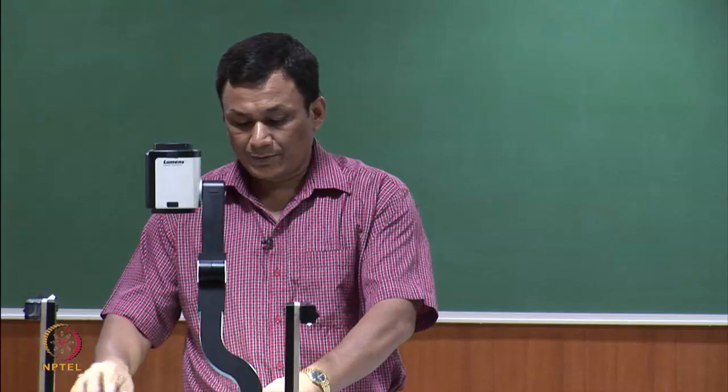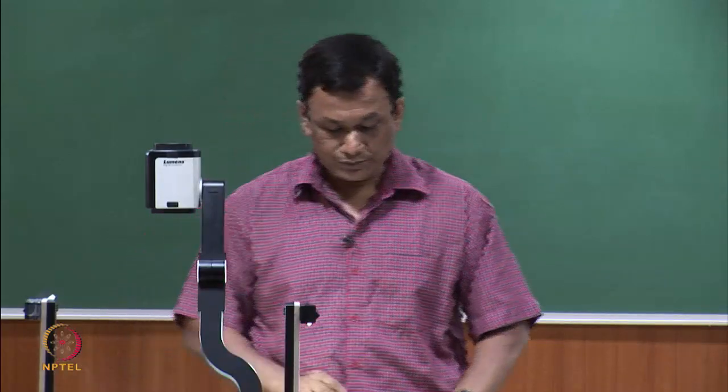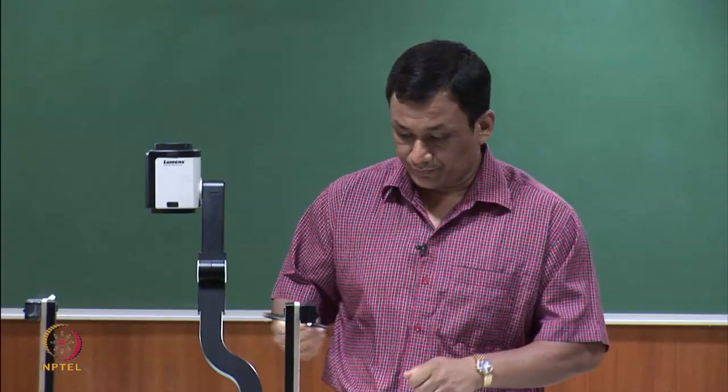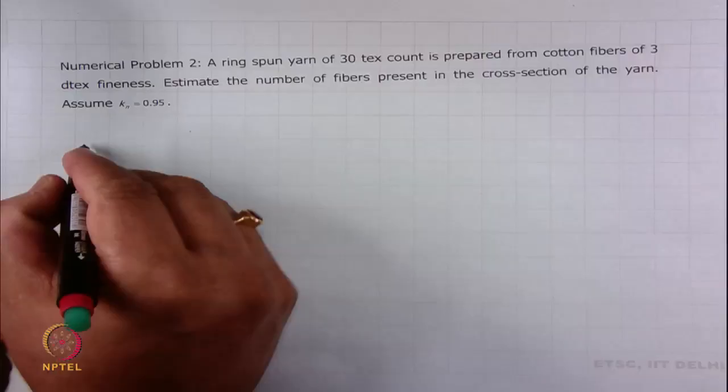So, numerical problem number 2 is in front of you. A ring spun yarn of 30 tex count is prepared from cotton fibers of 3 decitex fineness. So, what information is given to you?